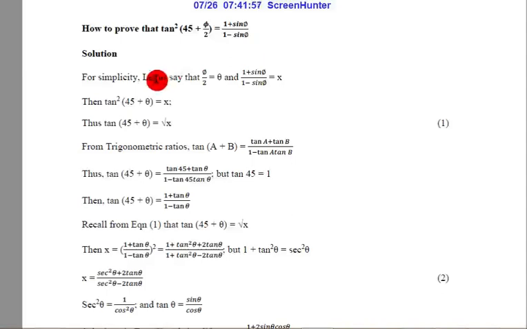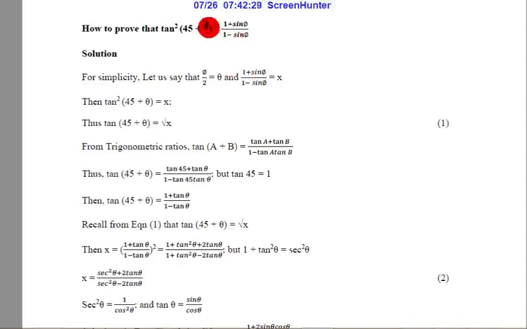For simplicity, let's assume that φ/2 is equal to theta, and then (1 + sin φ)/(1 - sin φ) is equal to x. Then we substitute theta in place of φ/2 in this expression, and x in place of (1 + sin φ)/(1 - sin φ).